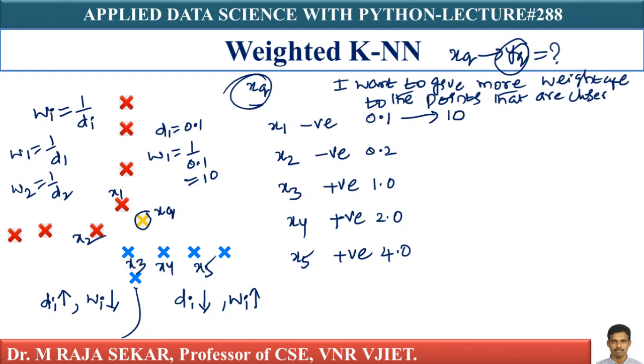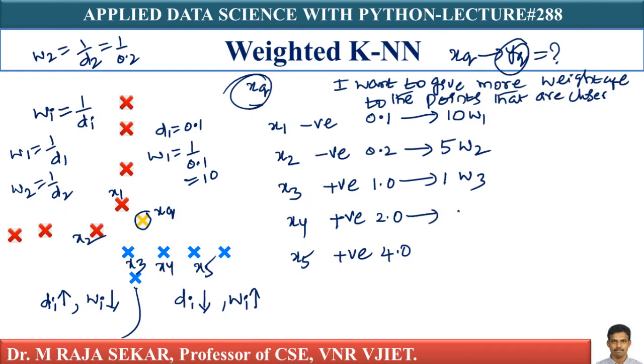In similar manner, 1 by 0.2. How will I get W2? W2 equal to 1 by D2. What is my D2? 0.2. 1 by 0.2 means what will you get? You will get 5. Let me say W2. In similar manner, I can calculate 1 by 1, this is W3.